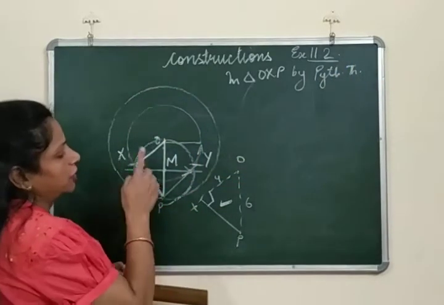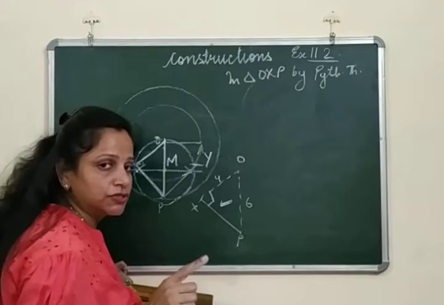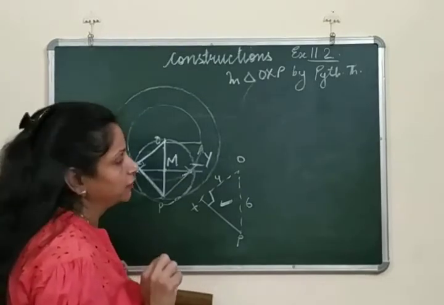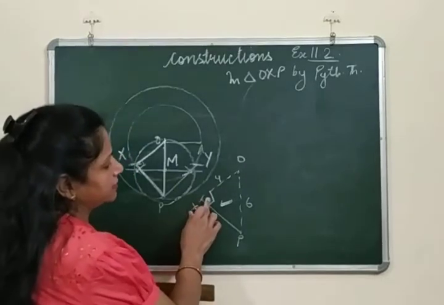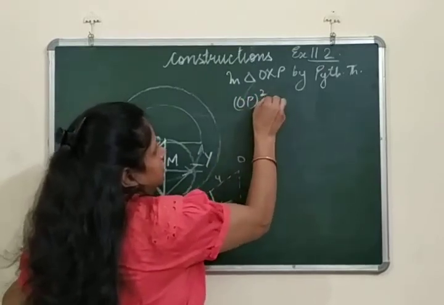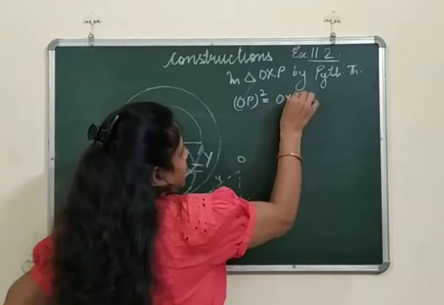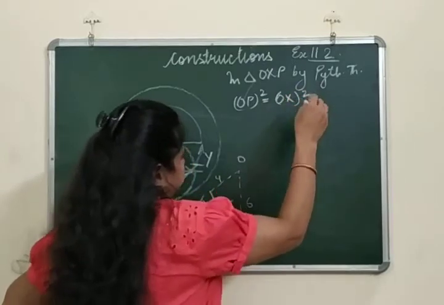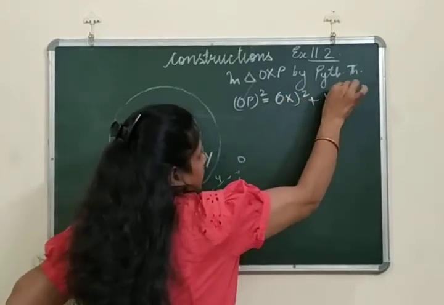What is Pythagoras theorem? That the square of the hypotenuse is equal to the sum of the squares of the other 2 sides. Now since the 90-degree angle is here, OP will be the hypotenuse. So OP square is equal to OX square plus XP square. Right?